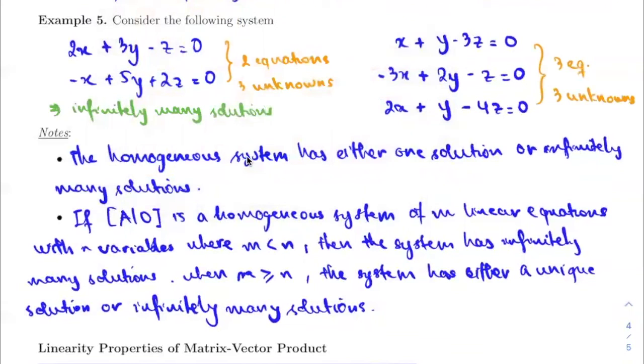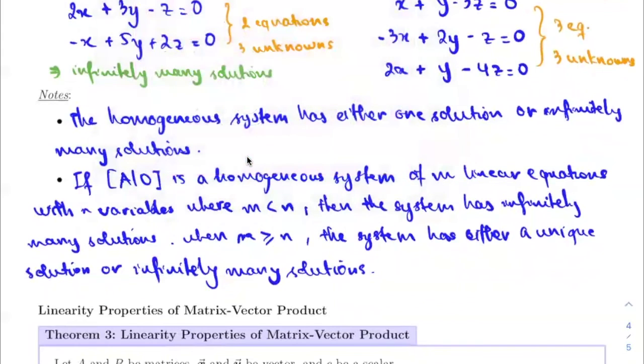So that indicates that the system either has exactly one solution or infinitely many solutions. So you have to work out the details to see if the system has just one solution or infinitely many solutions. It depends on the problem, and you need to work out the details to see that.